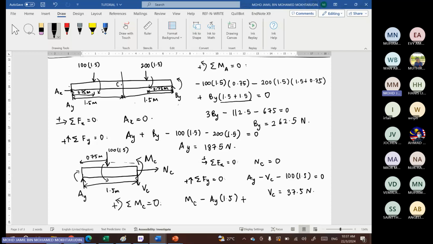Okay, so plus 100 times 1.5 times 0.75. Then guna calculator untuk kira.